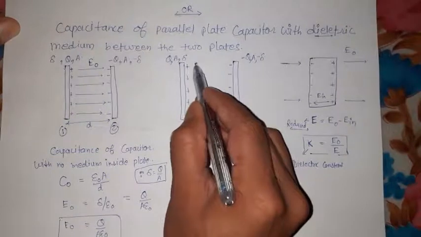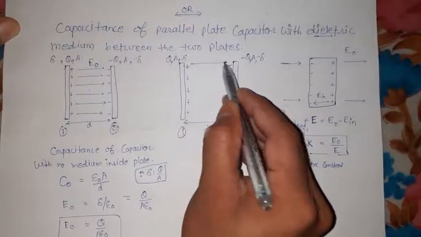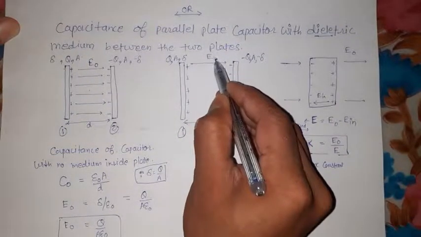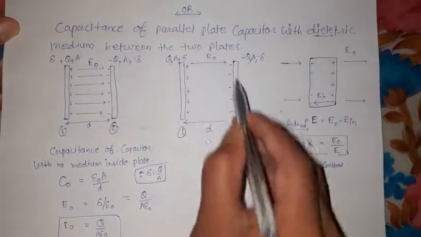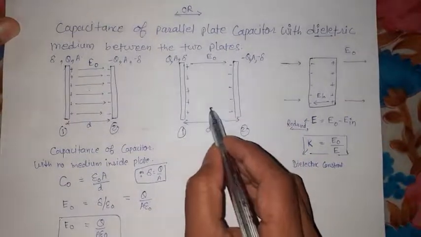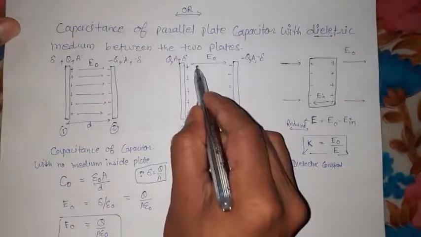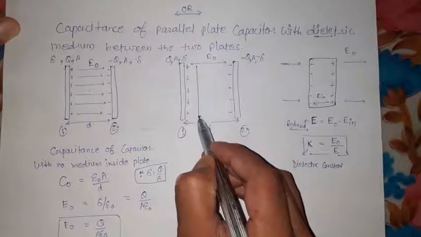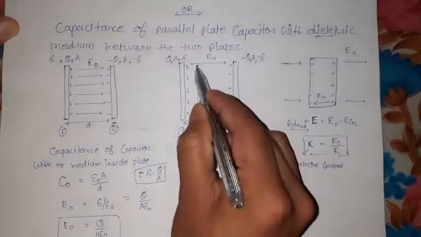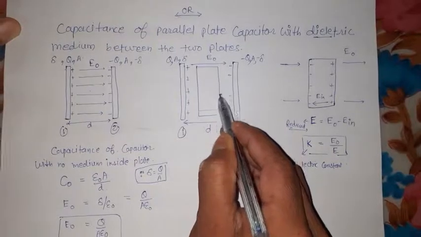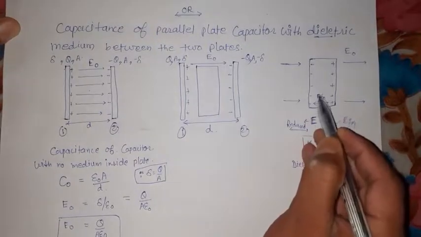Now the electric field between the plates is E naught. Inside this field I am going to place a dielectric medium, as I have told you earlier.